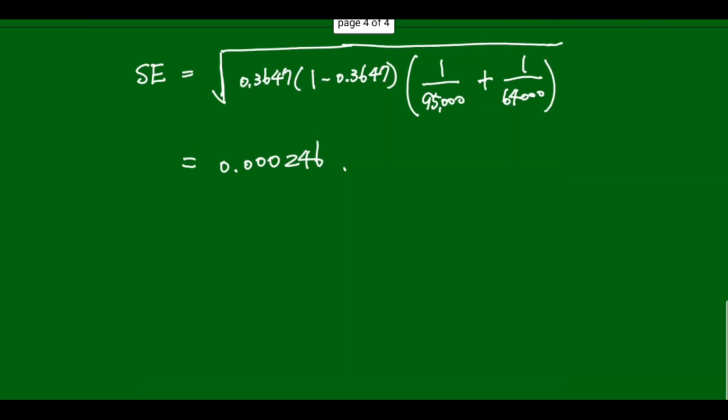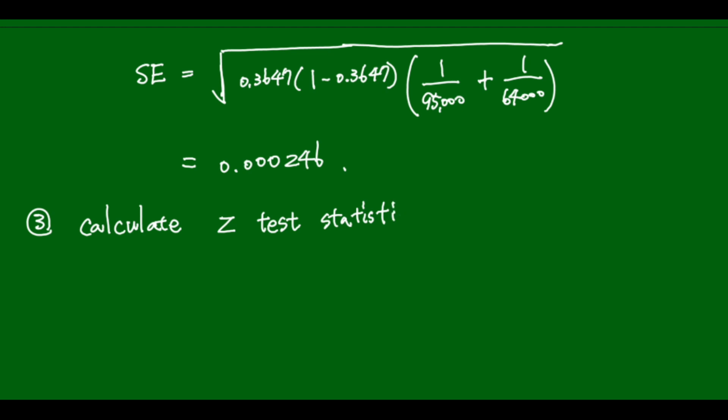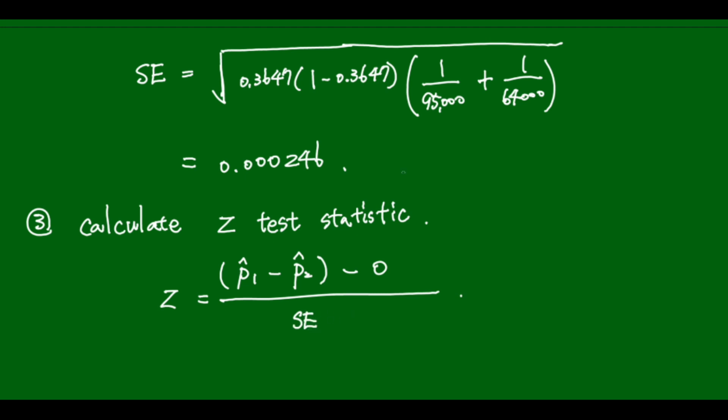So the third step is to calculate the test statistic. Our test statistic is the z-test statistic, which can be calculated by p1 hat minus p2 hat, subtract 0, divided by SE, which we have just calculated in the previous step.